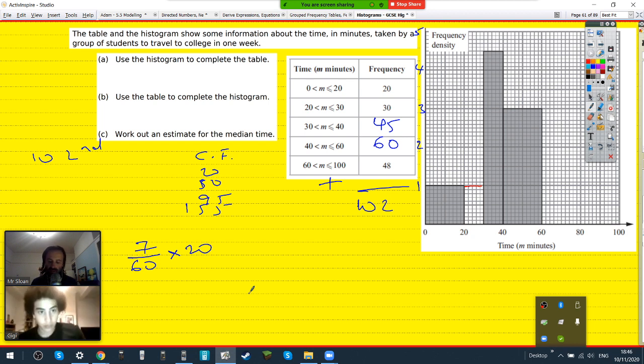And so what would be their time? Median time would be 2.3 minutes. That would be all the way up here. Oh, what would you do? It starts from 40. So I believe it'd be 42.3 minutes. Oh, right.